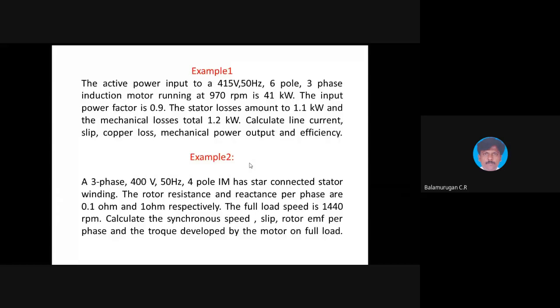This is the mechanical output power. One will be gross, another will be net, that is the shaft. You are supposed to calculate both values, because in the next subdivision we are going to calculate efficiency. Efficiency is P out divided by P in into 100. So what is the mechanical power output? What is the formula for mechanical power output?